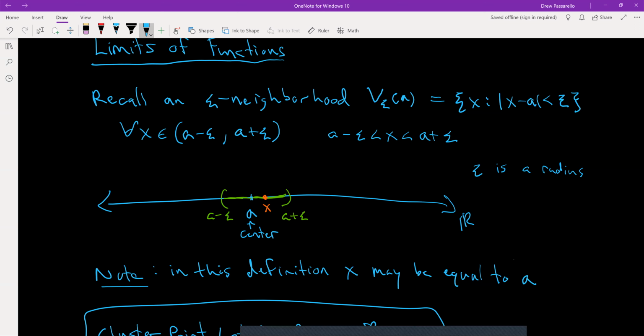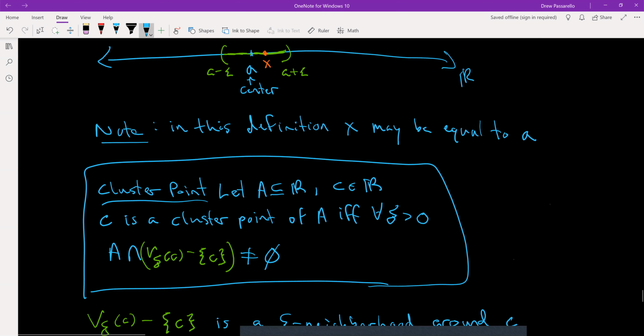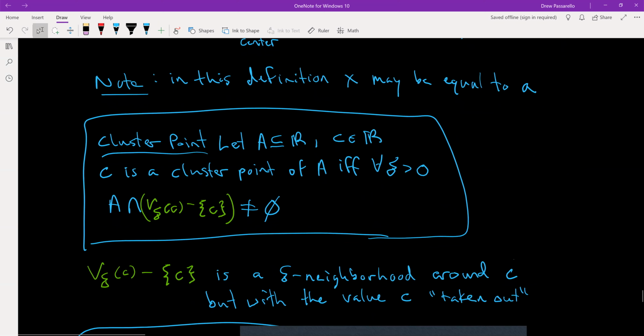Now a cluster point is the following. So if you have a set A of the real numbers, and you have c as a real number, c is a cluster point of A if and only if for all delta greater than 0, the set A intersect, and then in green it has the delta neighborhood around c subtract out c. And that is the delta neighborhood around c, but with c taken out.